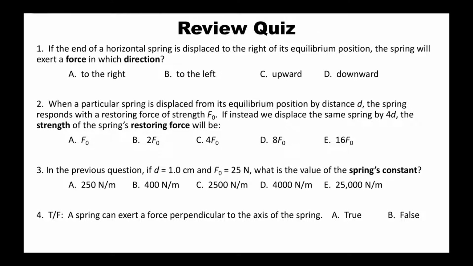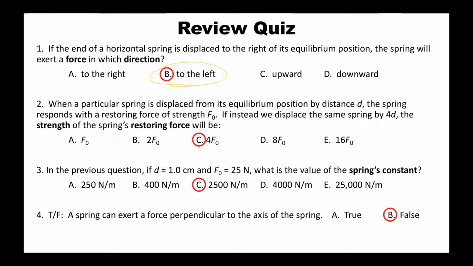Okay, welcome back. Here are the answers for these 4 questions. And just to quickly review this, if a spring is displaced to the right, then of course it's going to pull back to the left, and that's why it gets the name of restoring force.